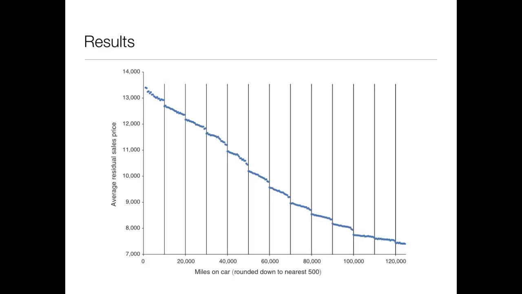So the lesson here is if you're going to sell your used car, sell it at 99,999 miles instead of 100,001, because the price you get for it will be substantially different. And retailers have absorbed this lesson for many years. That's why things are sold at $9.99 rather than $10.